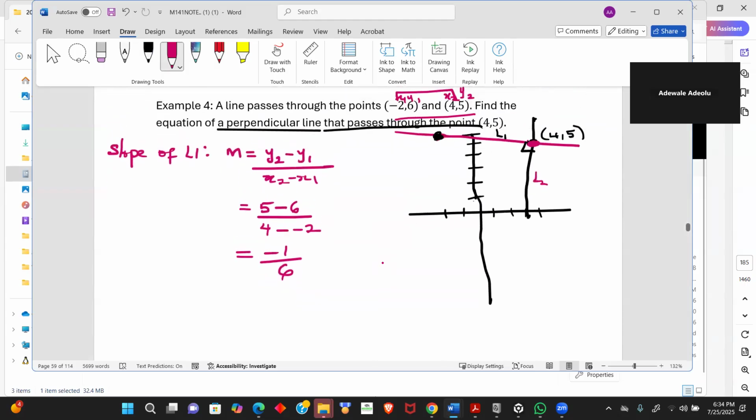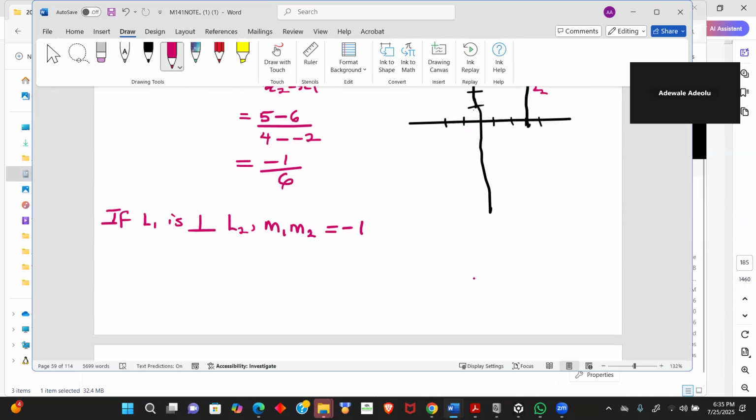Now, how does this help us for the other line? Well, if L1 is perpendicular to L2, we know that, let me call this m1, the slope of line 1, multiplied by the slope of line 2 must be -1, right?